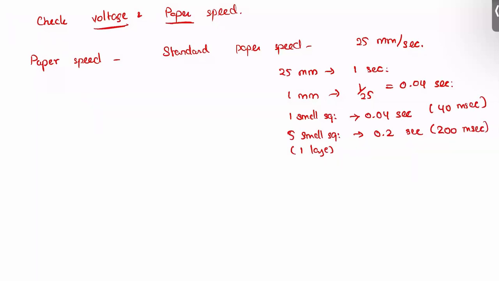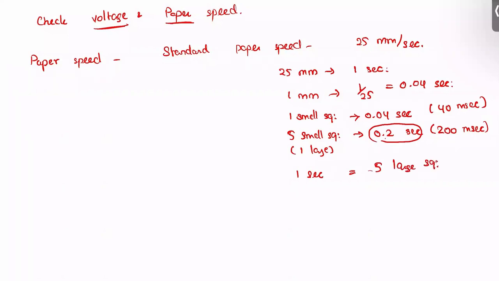So 1 second is 0.2 into 5. So 1 second is 5 large squares.